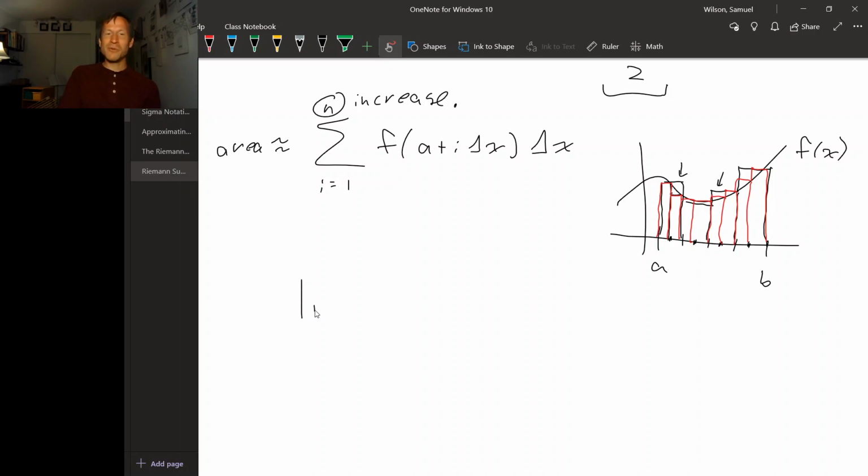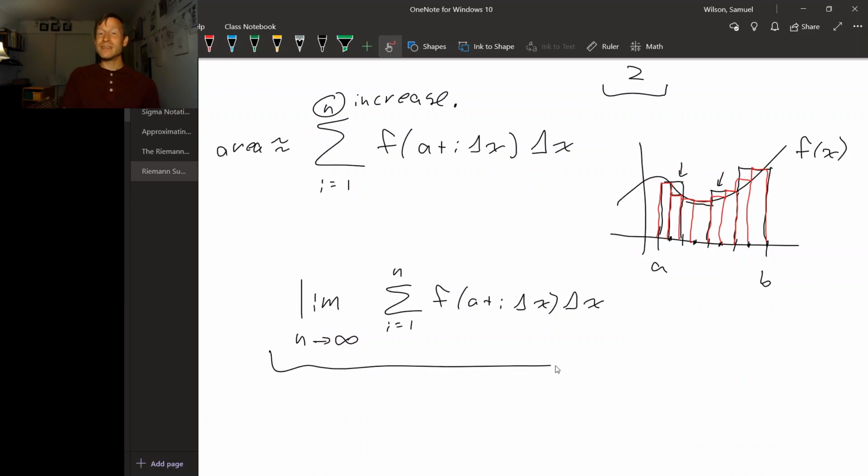So what we really want to do is take the limit as n goes to infinity of the sum from I equals 1 to n of f of a plus I delta x times delta x. This is really the definition of what we will mean by the area under the graph. And this crazy looking limit has some interesting properties that we will investigate in the next section.